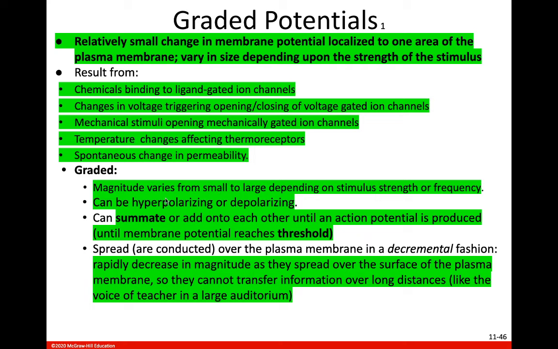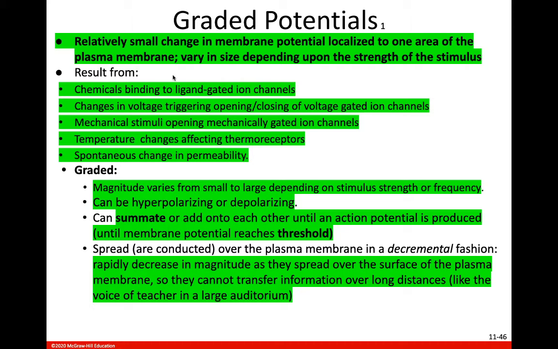Again, these small changes can be real small, they can be a little bit bigger, they can vary in size depending upon the stimulus that caused the ion channels to open. And they can be hyperpolarizing or depolarizing.